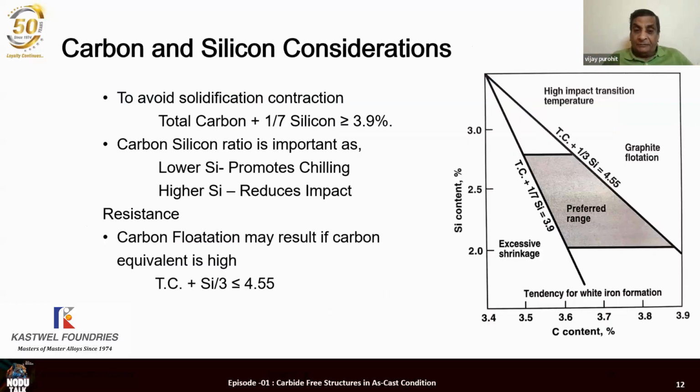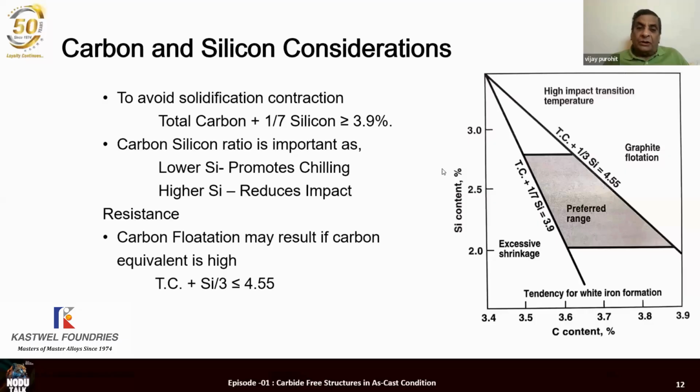The total carbon of the final casting plus 1/7 times the total silicon of the final casting should be more than 3.9, equal at least, but it should be more than 3.9.